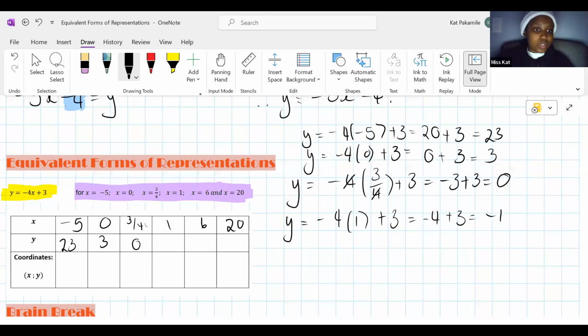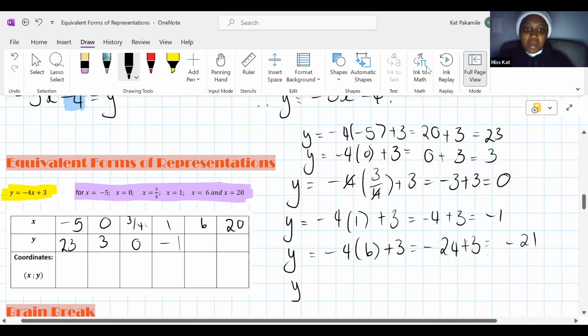What's my output? -4 times 6 plus 3 is how much? -21 is correct, because this is -24 plus 3, which is indeed -21. My last one is x equals 20.